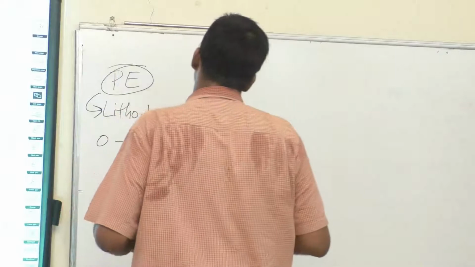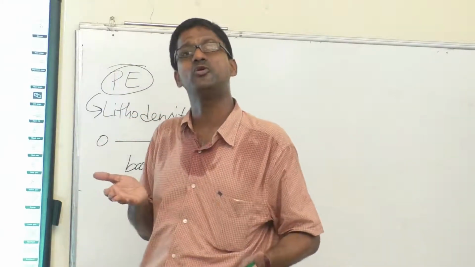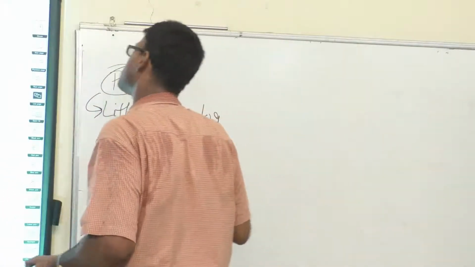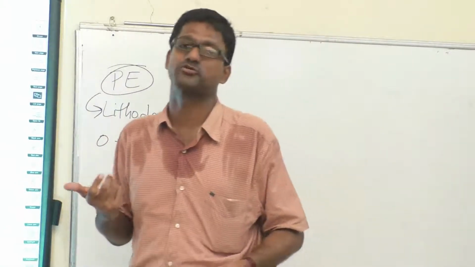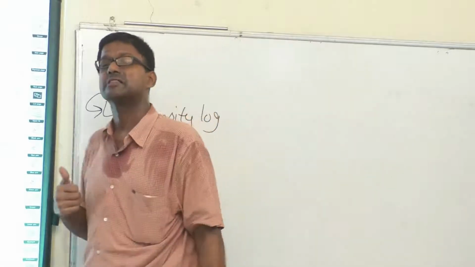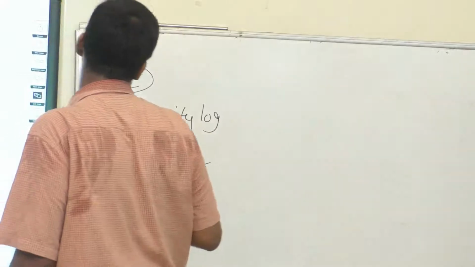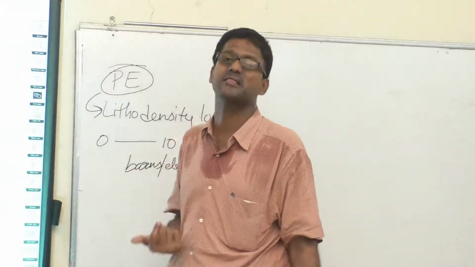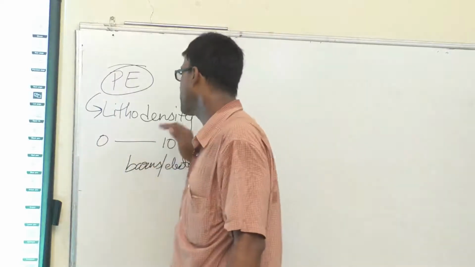Okay, so sandstone has a value, limestone has a value, and shale also has a value, and dolomite has different values. For example, sand value is 1.81, then you have limestone that is 5.08, then you have dolomite which is a little higher than the limestone value. So the Pe log comes from here.